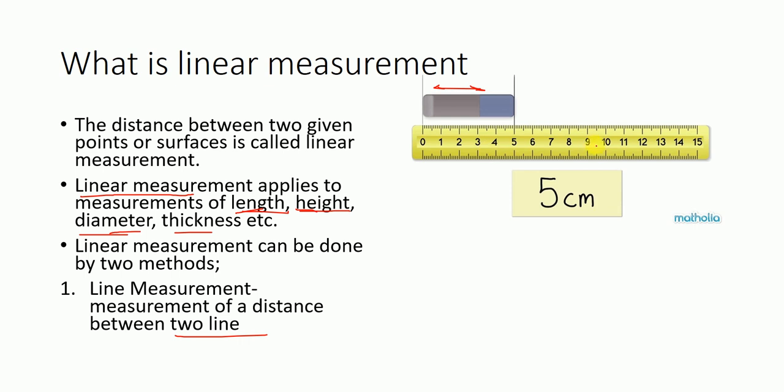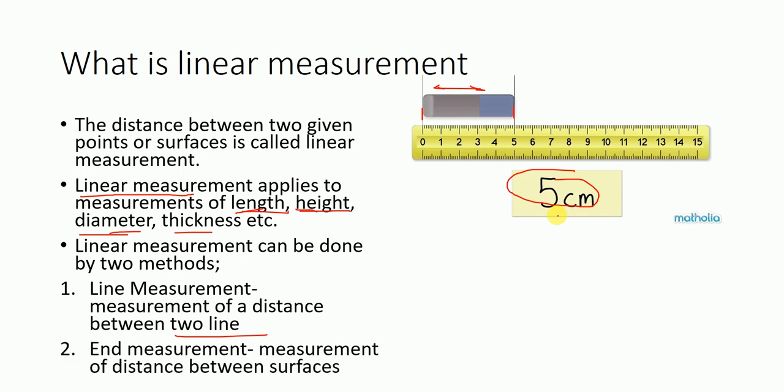With the help of this scale, its length is measured and it comes to 5 centimeter. So simply, we have measured the distance between two lines of this object, which is 5 centimeter. This is the first method of linear measurement, line measurement.